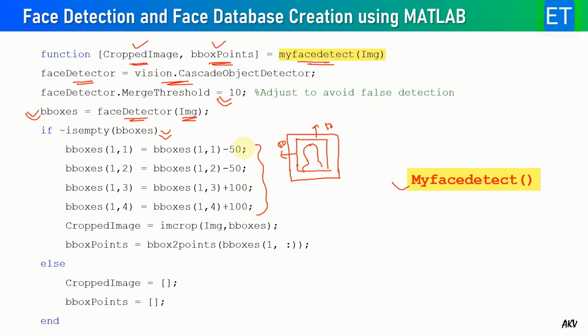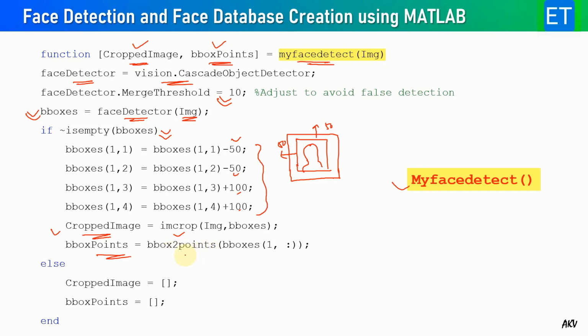As per your requirement, you can increase or decrease these values, 50 and 100. With these boundaries the image is cropped. I'm not using this in my current program, but I'm using this.